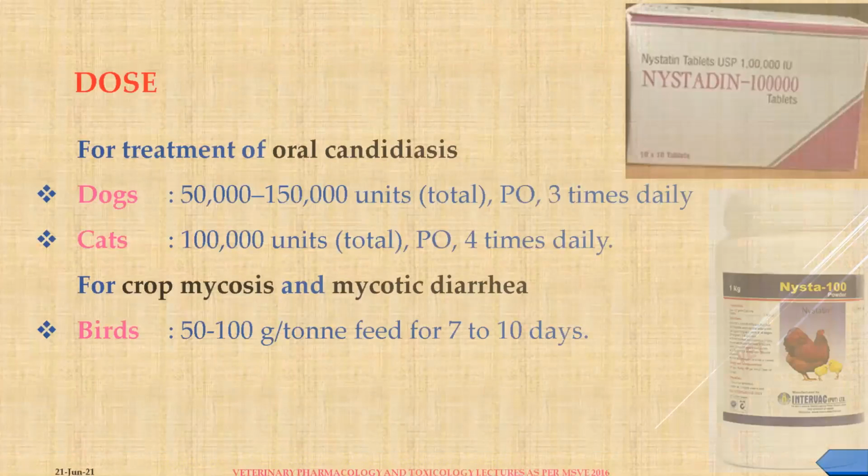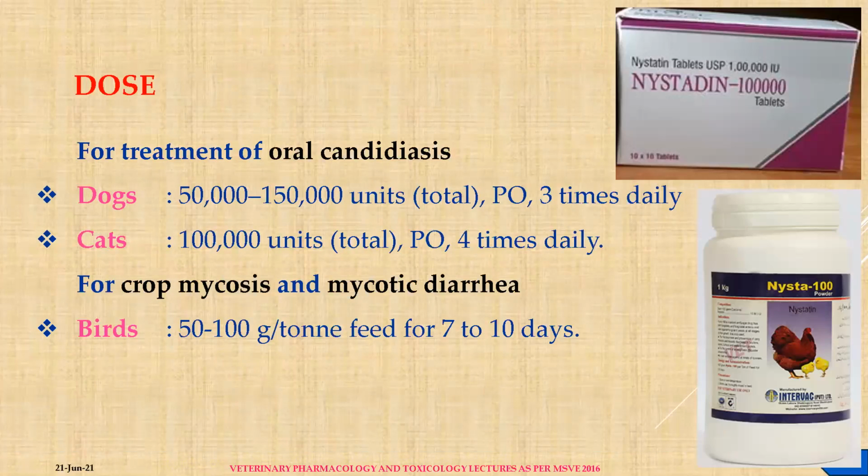The thing to remember here is that the dose is expressed in units. On the right side you can see nystatin tablets, of 10,000 or 1 lakh units.